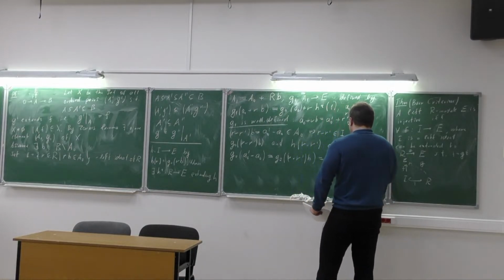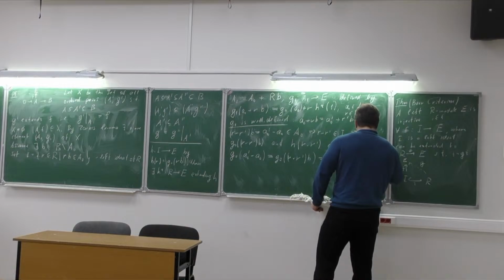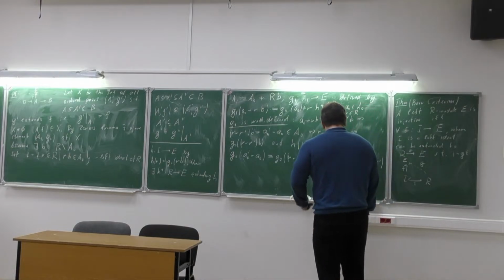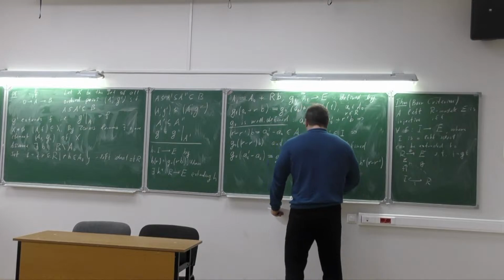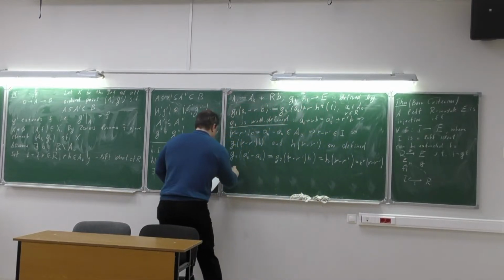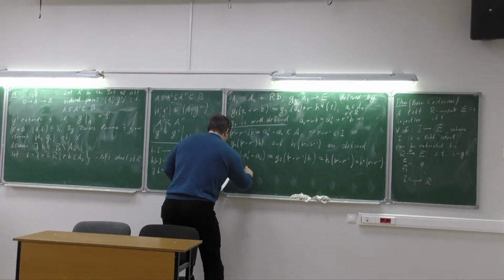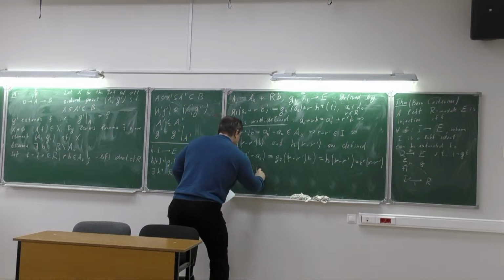Okay, now since h star is an extension, I can write a star here, right? But for the h star, I can rewrite this as (r - r') times h star of 1.